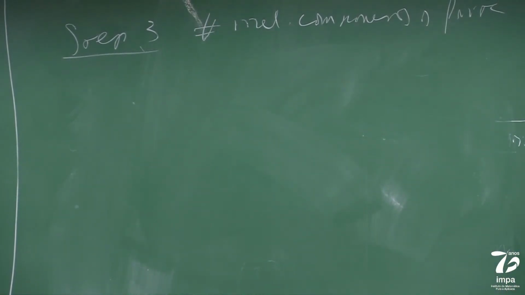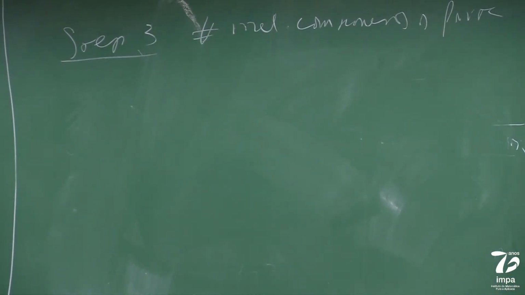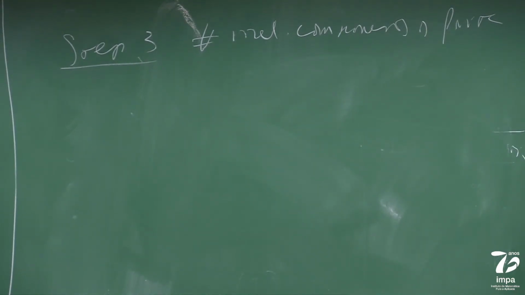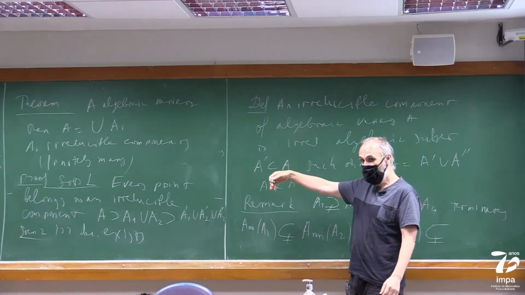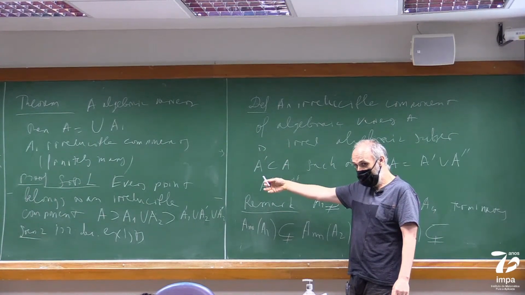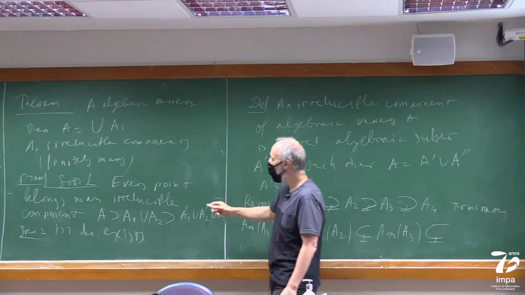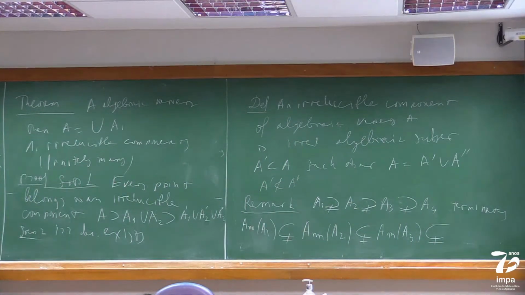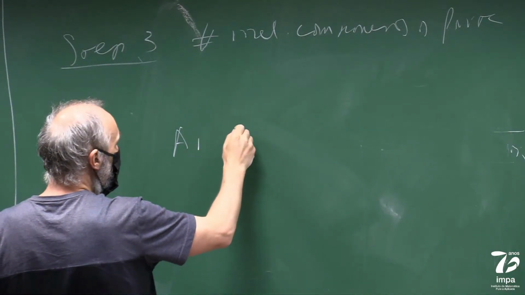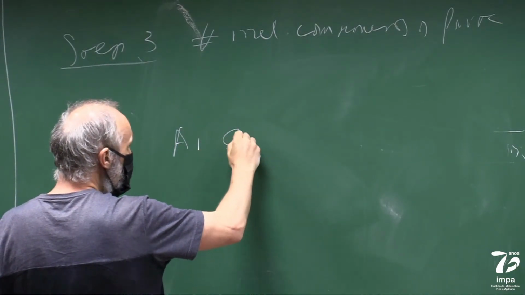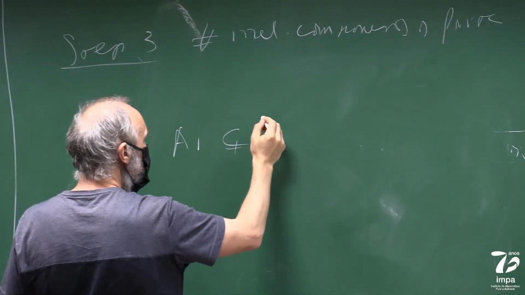Okay, suppose it is not finite. Can we assume that each point itself is an irreducible component? No, because a point cannot be an irreducible component, since a component is a variety which doesn't belong to other varieties. So each component AI doesn't belong to the union of the rest.